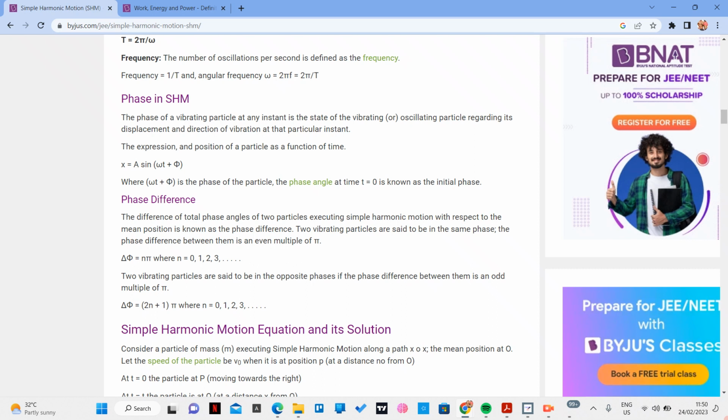When you calculate the phase difference, it must give you n pi. While when it's out of phase, it is 2n plus 1, so that means it will most likely give you an odd number of pi.